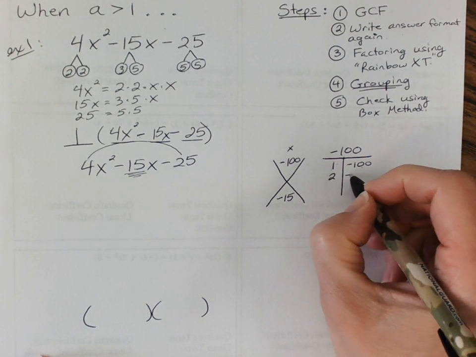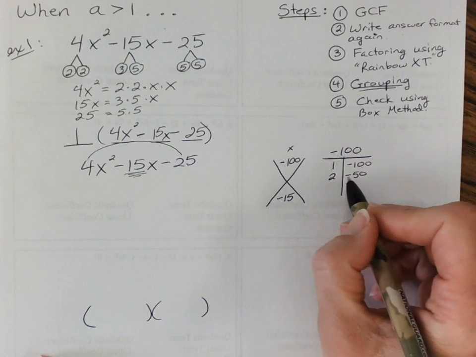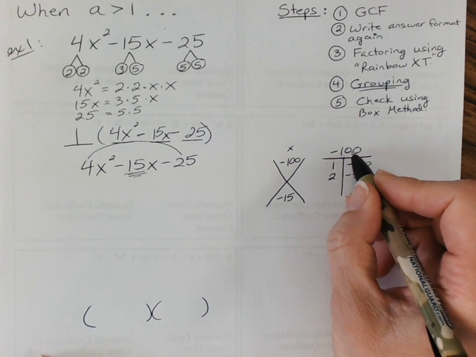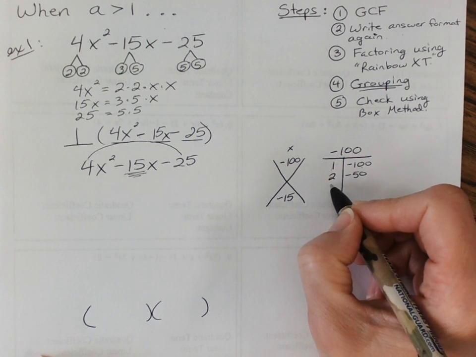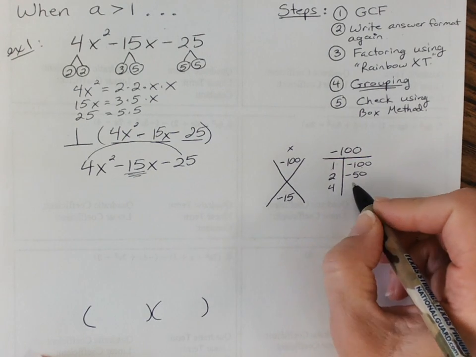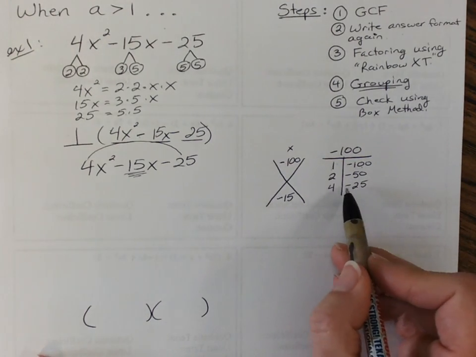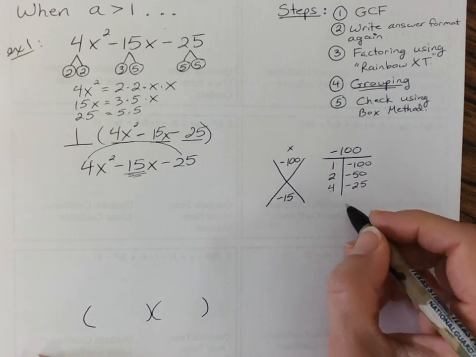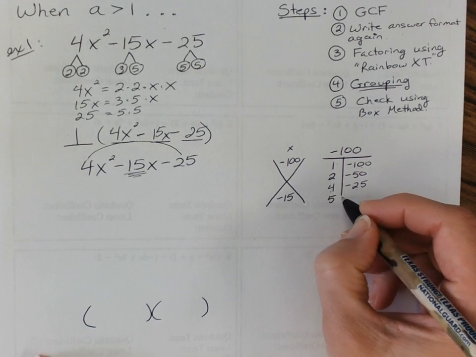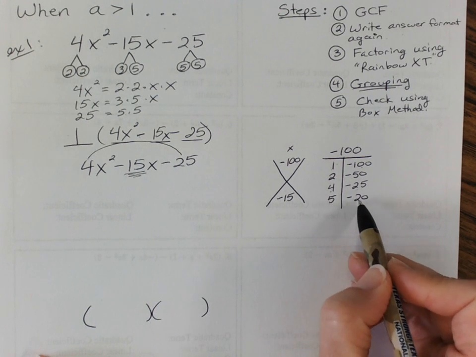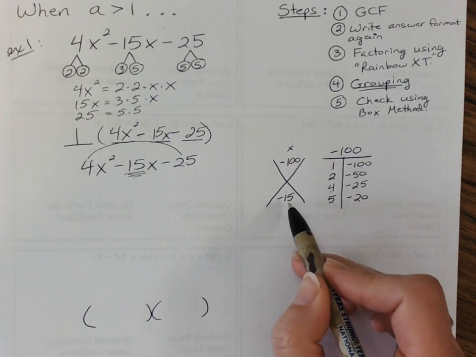So let's keep going. 2 times negative 50 does not add to negative 15. I can't divide 100 by 3, so let's try 4. We know there's 4 quarters in a dollar, so 4 times negative 25, that does not add up to negative 15. How about 5 times negative 20? 5 plus negative 20 does equal negative 15.